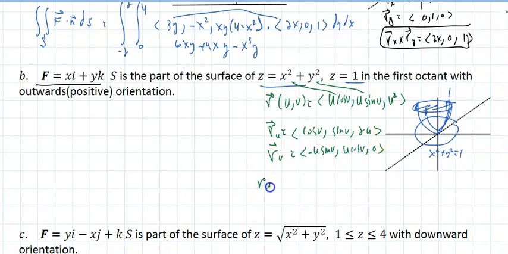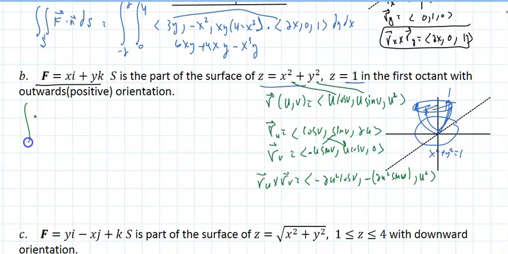And if I take r sub u and cross it with r sub v, the i component will be 0 minus 2u squared the cosine of v. The j component will be 0 minus a negative, plus, but you always take the opposite, 2u squared the sine of v. And the k component would be u cosine squared plus u sine squared, which is u squared. We did that too many times.